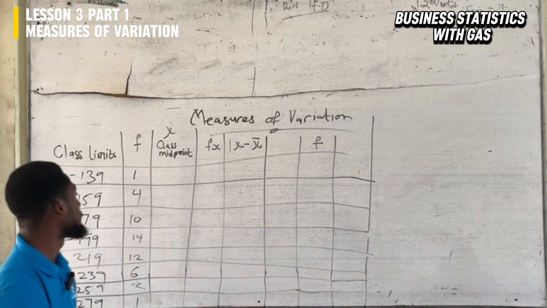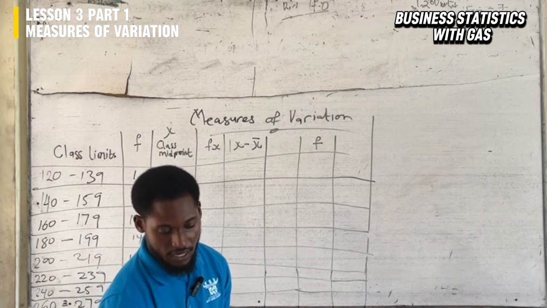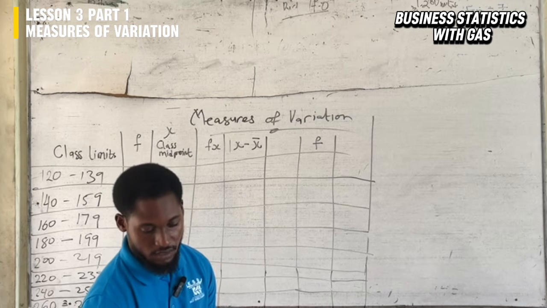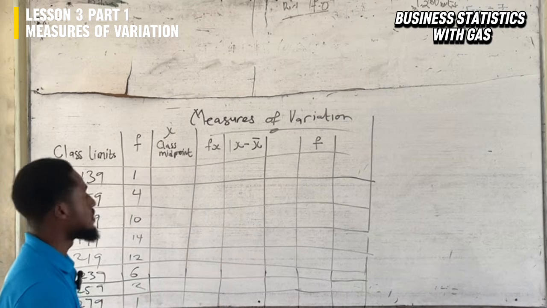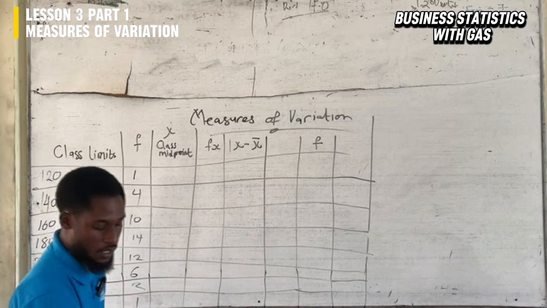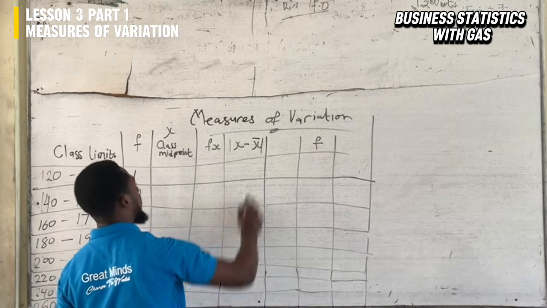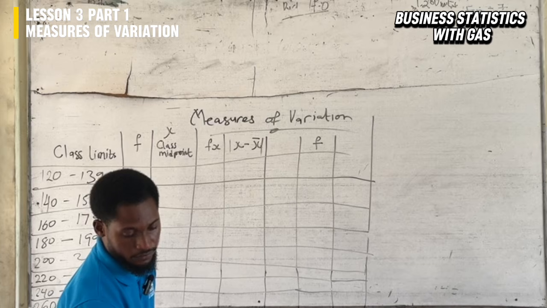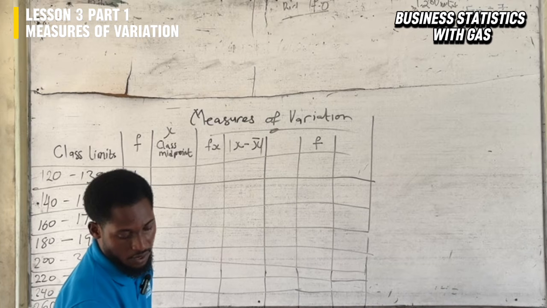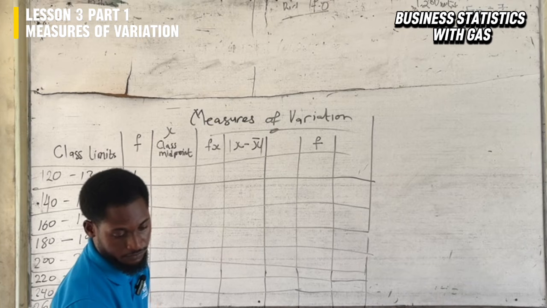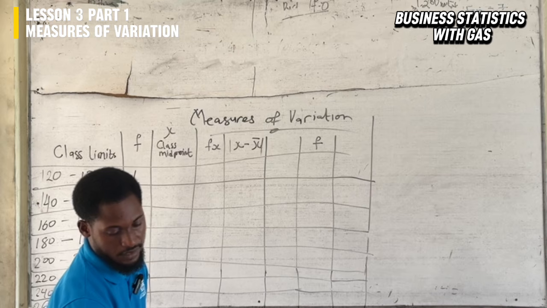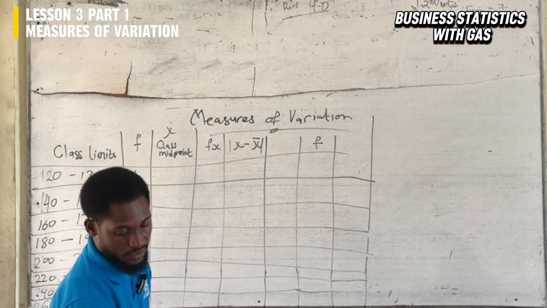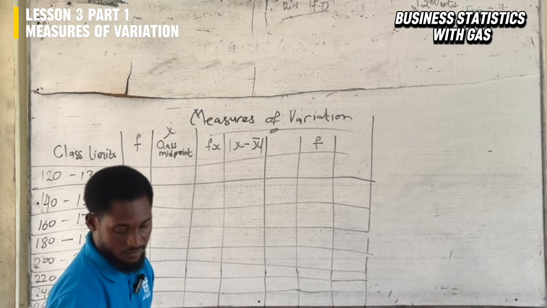So now we would have to find our class midpoint, then we find our fx, then we find our absolute deviation, then we find our sigma f. The sigma f has already been given as well.